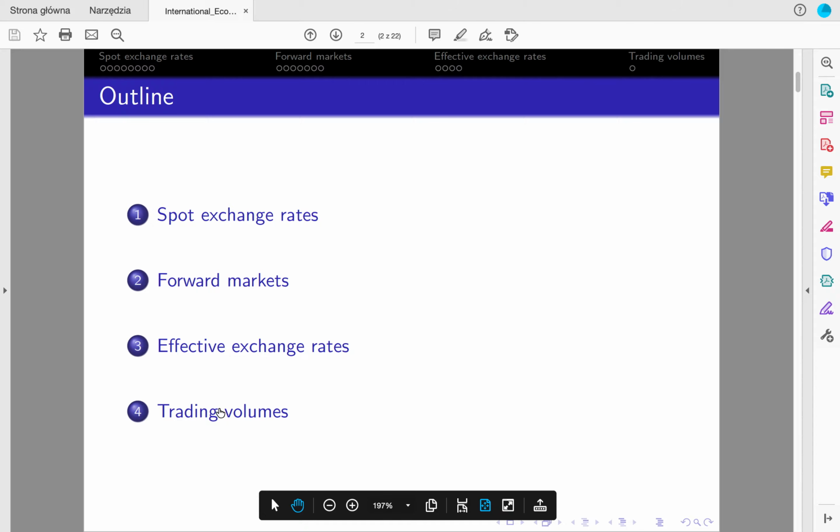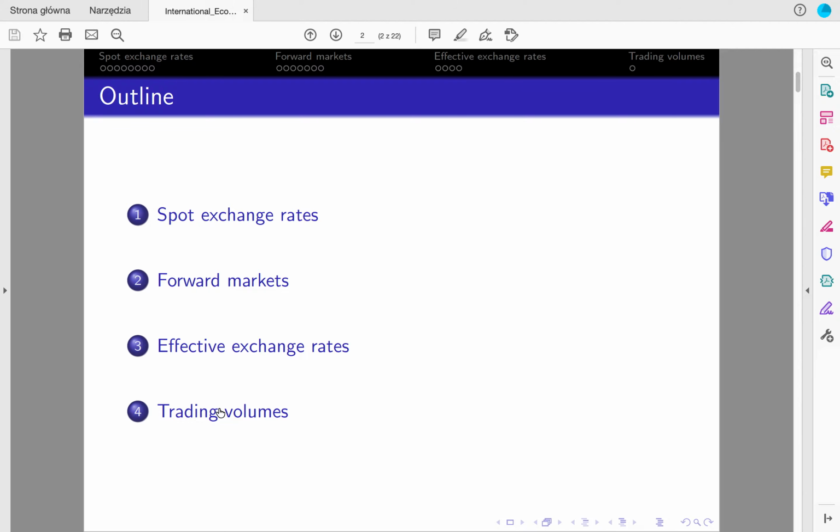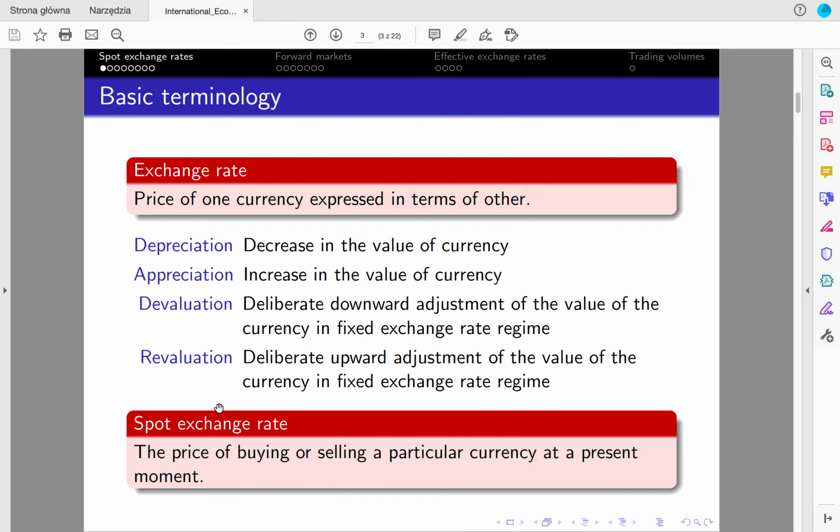So what actually is happening on the foreign exchange markets. Okay, but let's start with some basic terminology that you probably remember very well from different classes like macroeconomics.